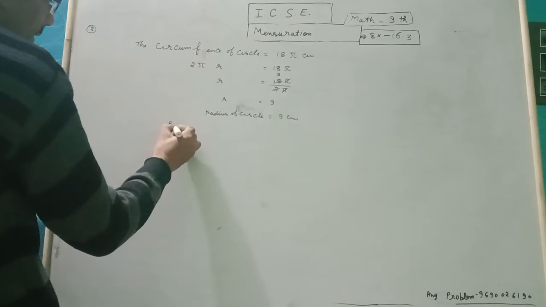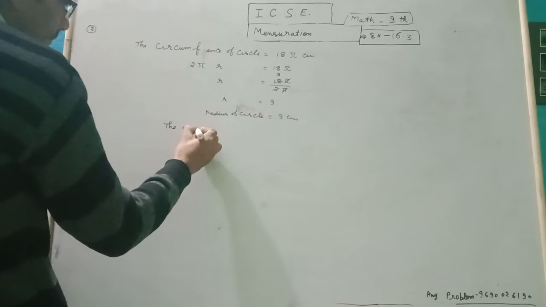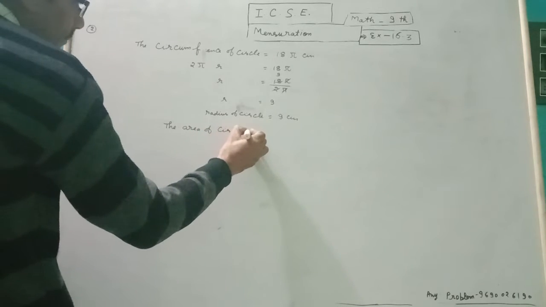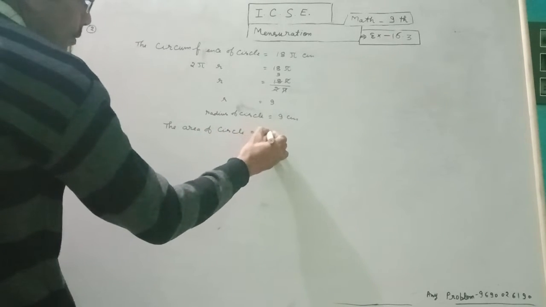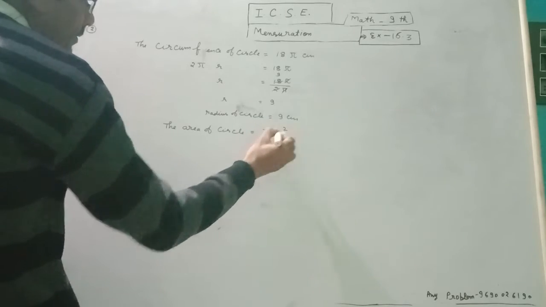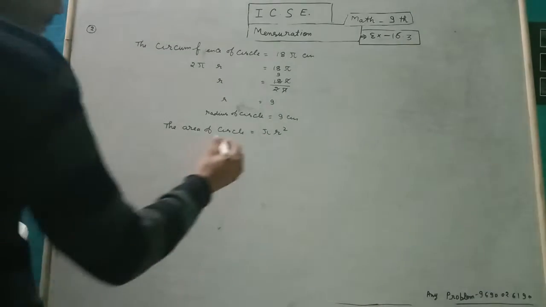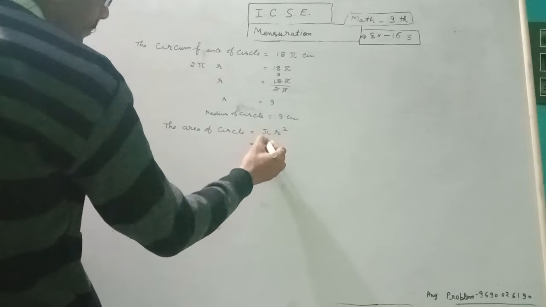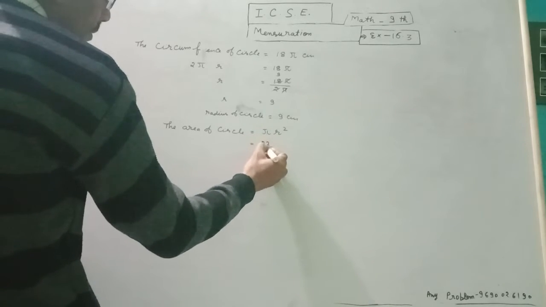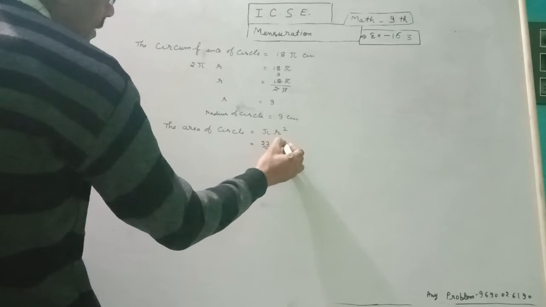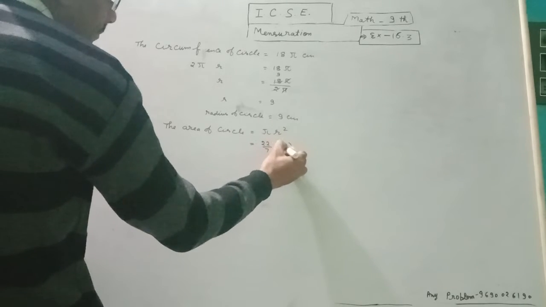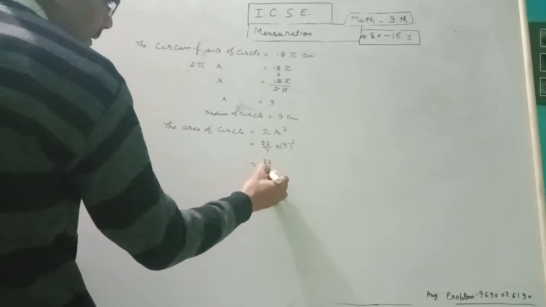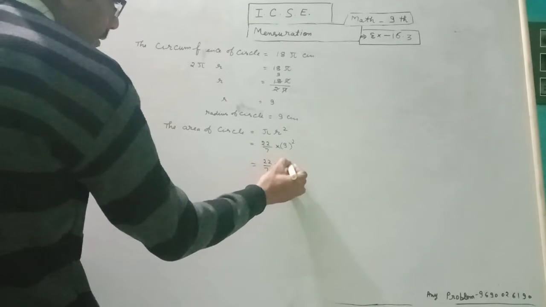The area of the circle is equal to, formula is pi r square. r is radius, pi value is 22 upon 7. r is 9, so r square, 22 upon 7 into 9 into 9.